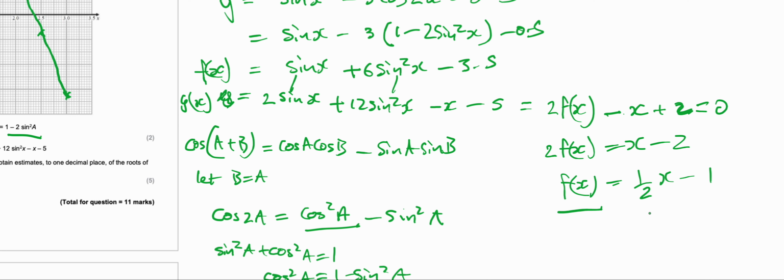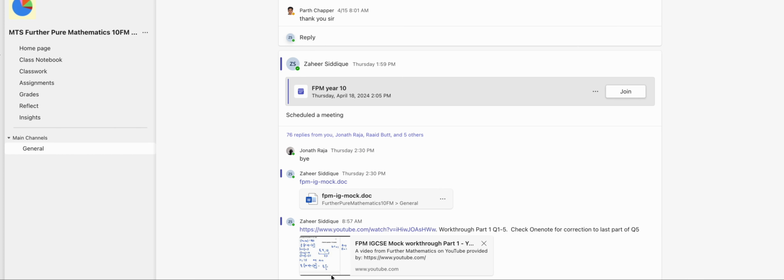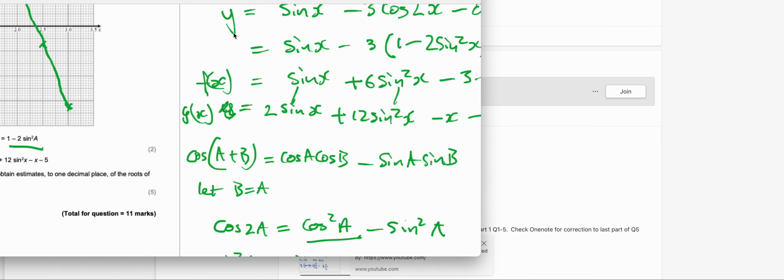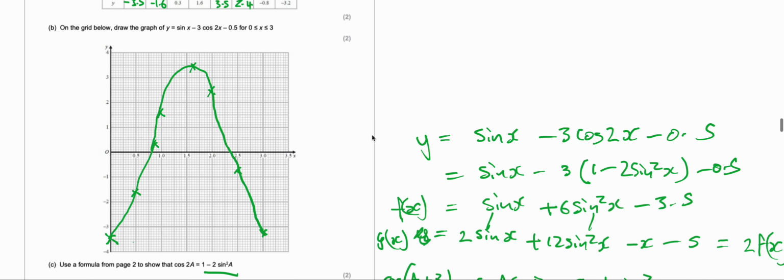We have this, we need to draw this. So we're drawing the line y equals a half x minus 1. You draw that on the graph and you get your solution. Okay? Minus 1, 1 across, half down, 1 across, half down, 1 across, half down.